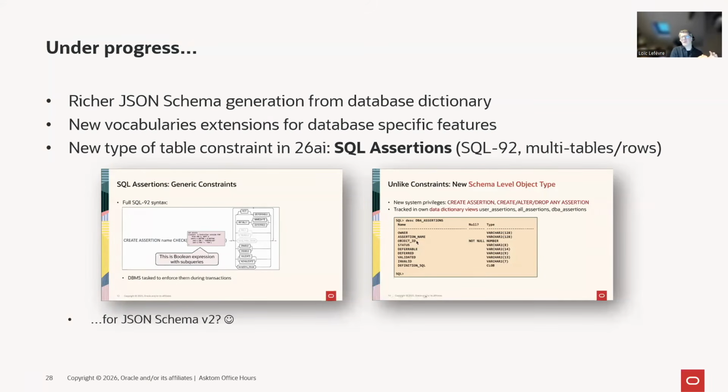That's a very old feature from the SQL 92 standard, basically a check constraint that you can put on multiple rows of a table, or even check across multiple tables. That one definitely doesn't exist within the JSON schema standard, so that's probably something to look at for the future of JSON schema, maybe V2.